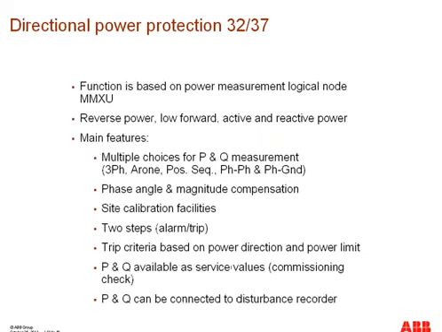The function used to detect and protect against this kind of condition is based on the measurement logical node MMXU, and accurate measurements are required to detect this kind of condition.